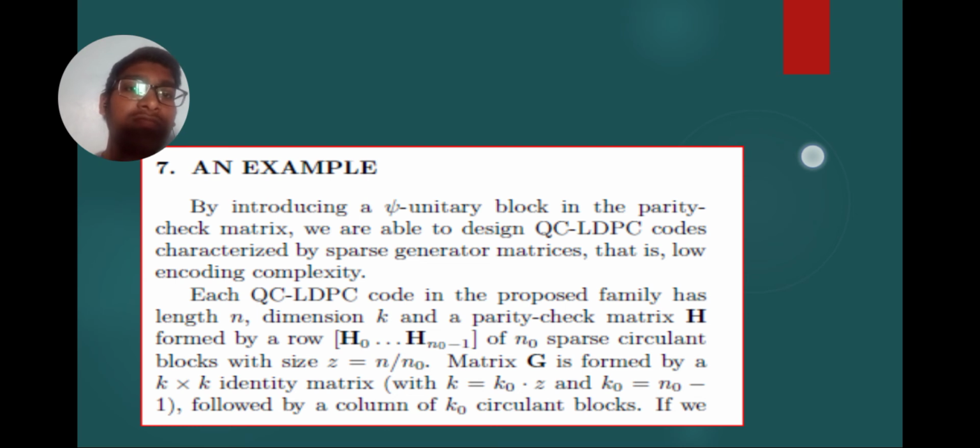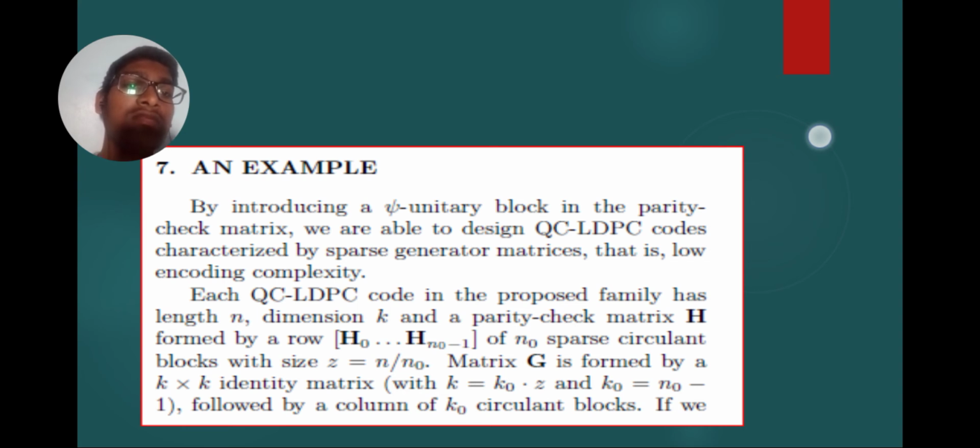Each Qc-Ldpc code in the proposed family has length n, dimension k, and a parity check matrix H formed by a row H naught, and so on, H n naught minus 1, of n naught sparse circulant blocks with size z equals n by n naught.